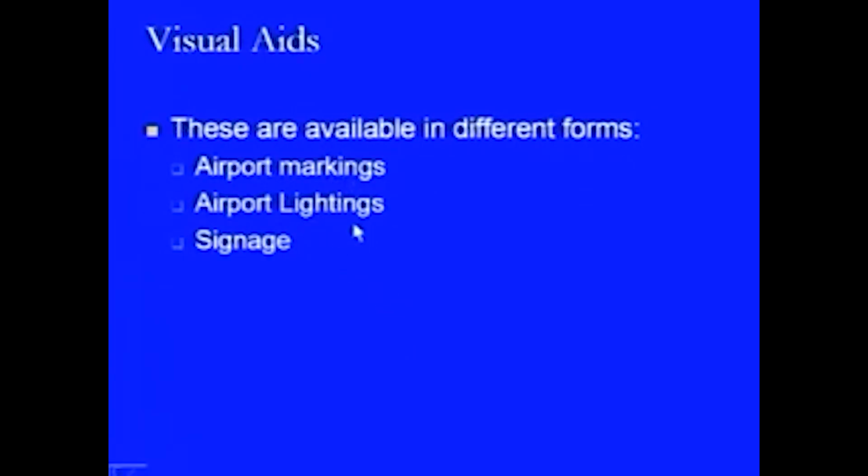Airport markings, airport lightings or signages are all related to various types of operations. They are all related to the different components which are provided on any airport, and that way at each and every point we will be getting the information, and we will be looking at all these three types of information during these two lectures.